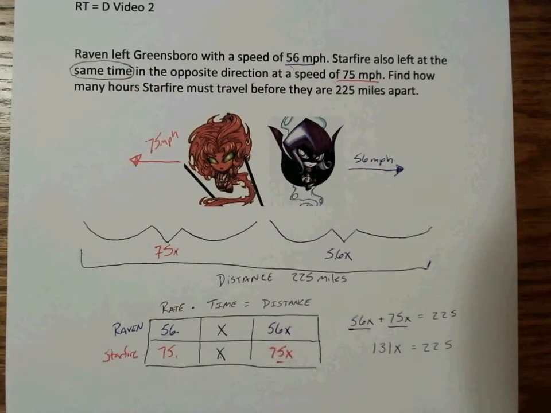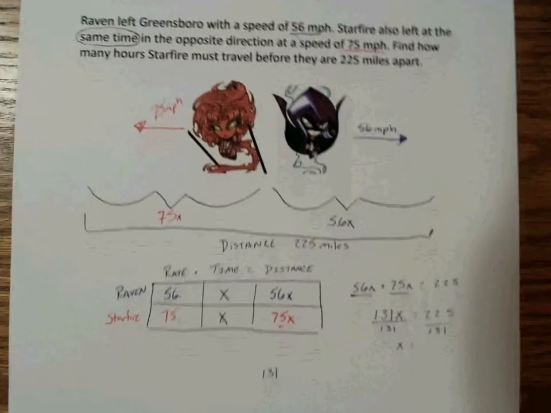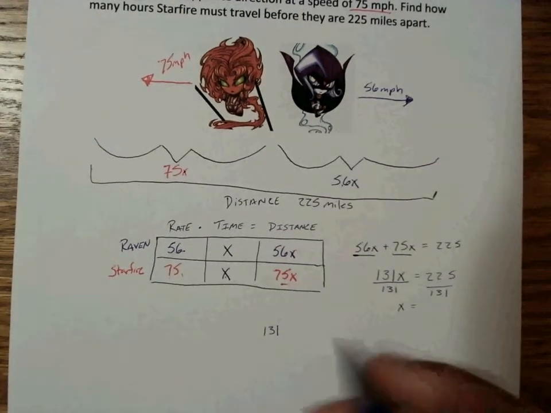And then what do we do here? We just divide, because we have 131 times x. And x is equal to, and we're going to divide this. I'm going to show you all longhand division because I know a lot of you like to try and skip out. Let me slide this up so y'all can see what's going on.